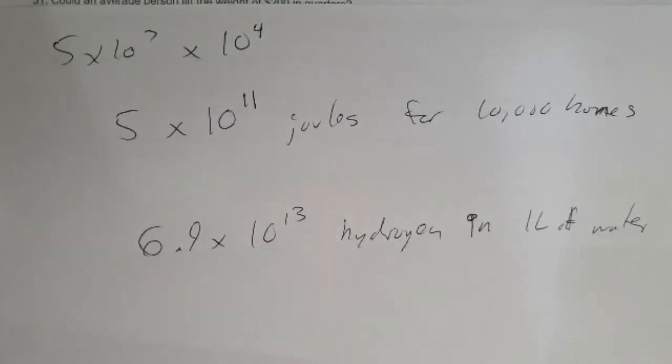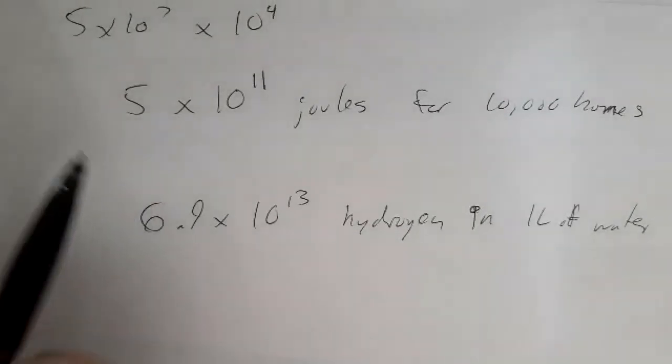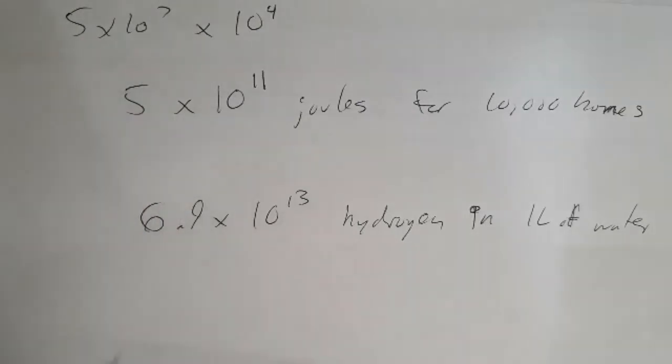So there are a few ways we can set this up. Unit analysis is always a good way to go about it. But we're dividing these things, so what's the total thing we want to divide, and what do we want to divide it by?